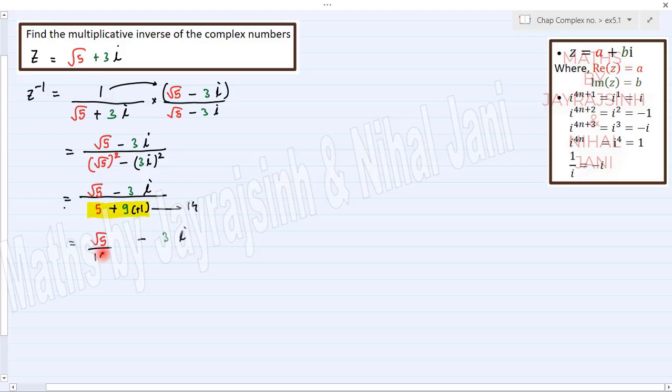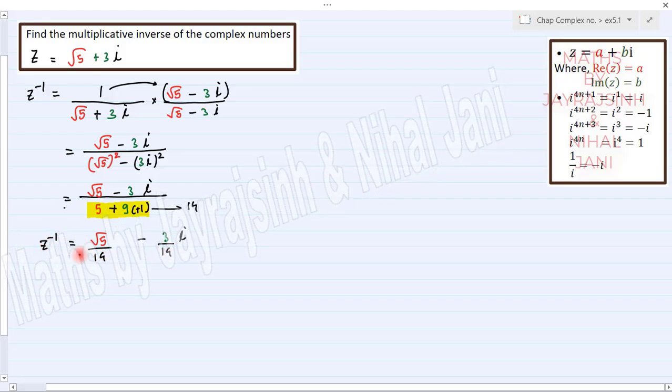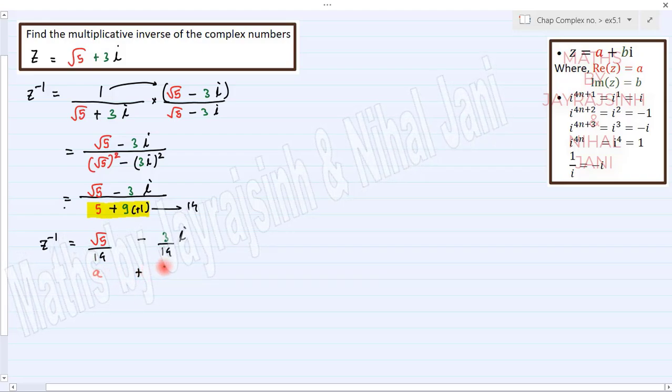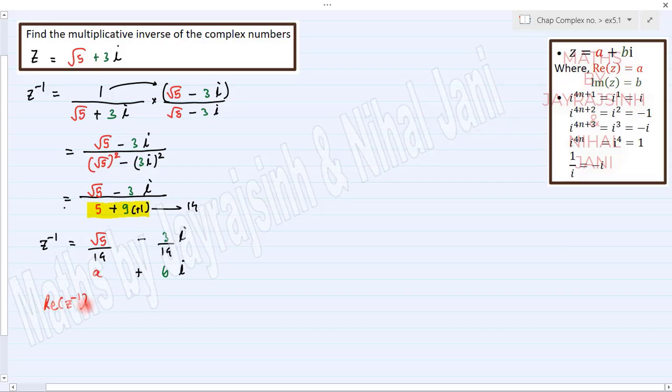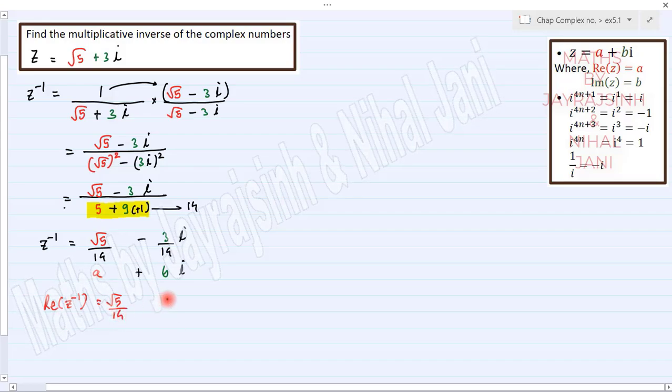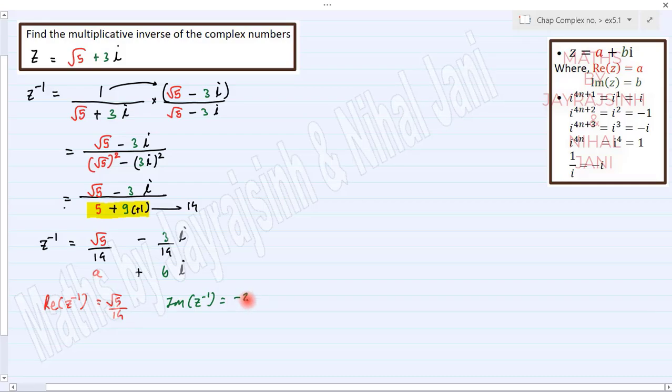To get the standard form, let's give an individual denominator. So we get our multiplicative inverse in the form of a + bi, where the real part of your complex number is root 5/14 and the imaginary part is minus 3/14. Tada!